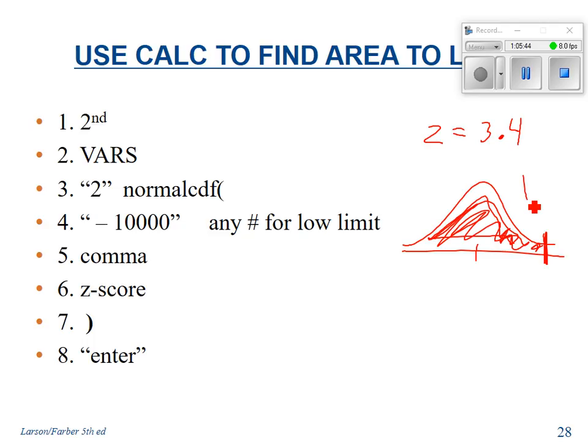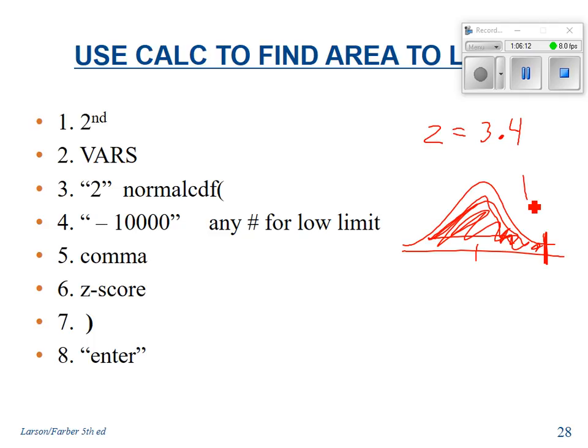Then punch in the 3.4, that's your score. View. It wants mu, 0, and standard deviation, 1, because we're on our normal standard. Does it say 0.99966? Okay.